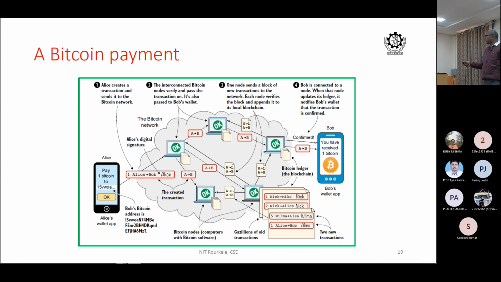Let's look at a payment in Bitcoin. There are two parties, Alice and Bob. If Alice wants to make a payment, she will send the transaction to the nearest peers. Every user is connected to one of the nodes in the Bitcoin network.